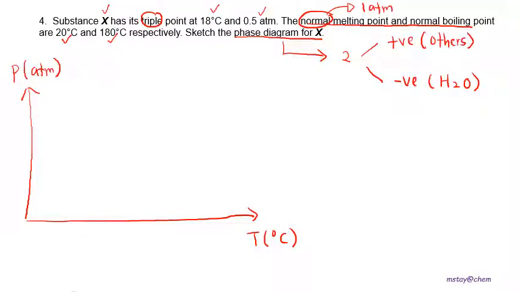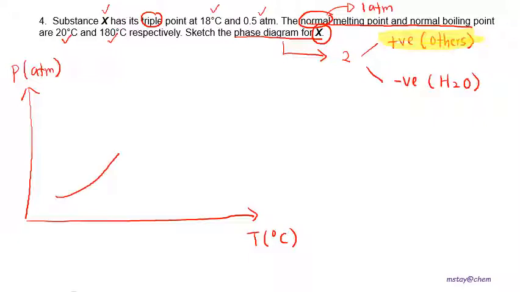Since X here didn't mention it is water, we will treat it as another substance, and we are going to draw the phase diagram with a positive slope. So now we are going to start with the 3 lines.